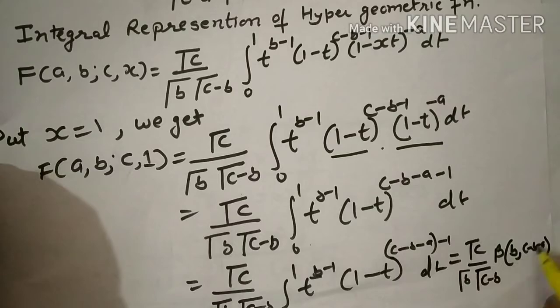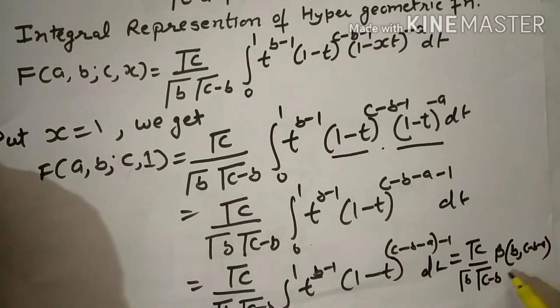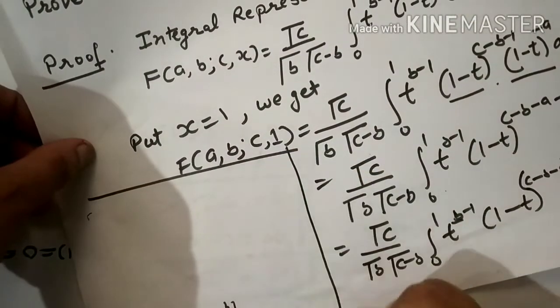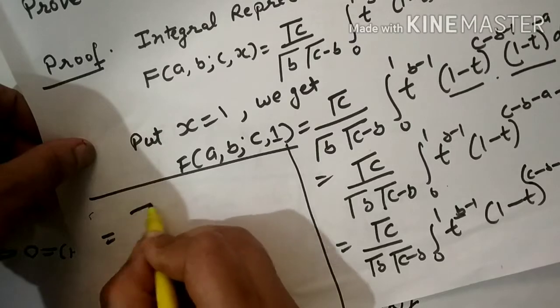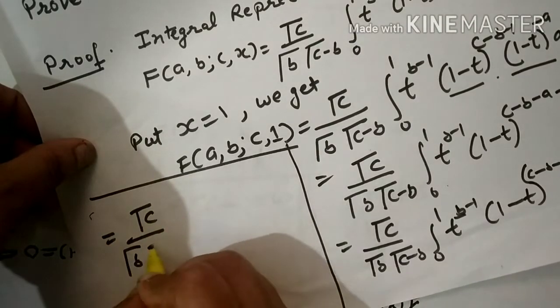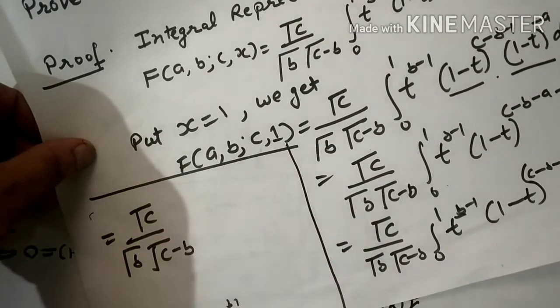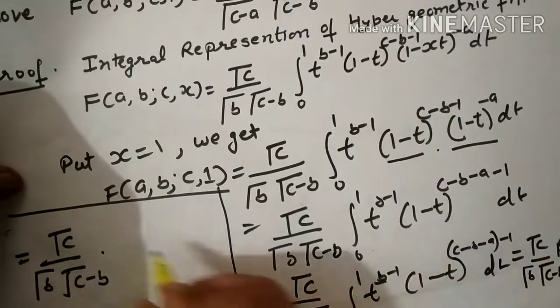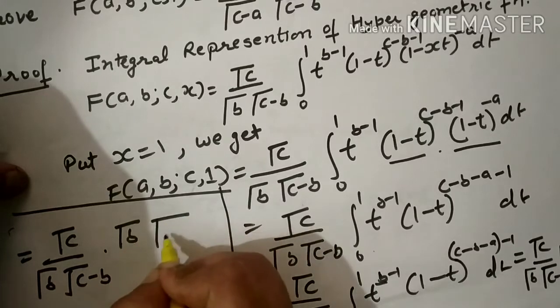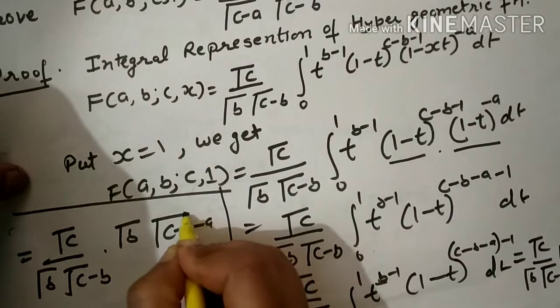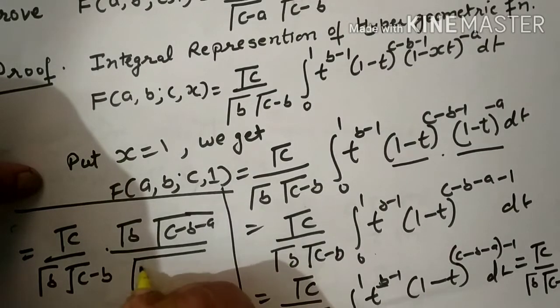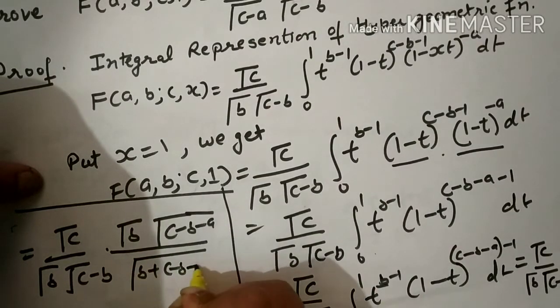Now the beta function can be written in terms of the gamma function. So we write gamma of c over gamma of b, gamma of c minus b as it is. Now the value of beta of this will be gamma of b, gamma of c minus b minus a, over the sum of these two in the denominator, b plus c minus b minus a.